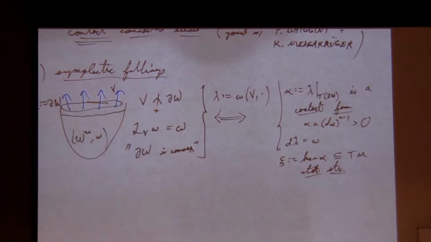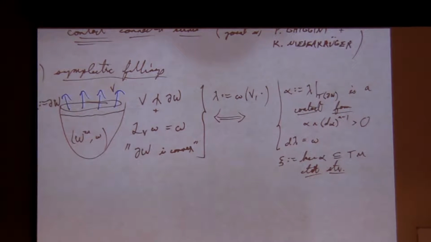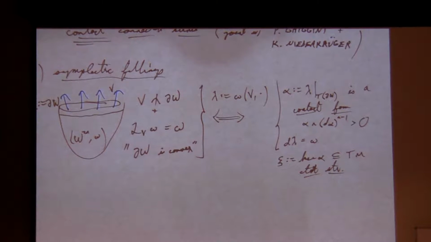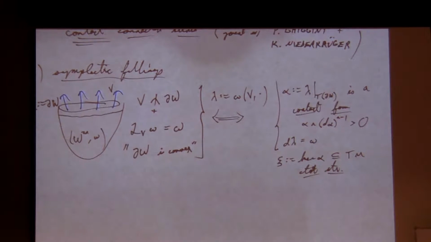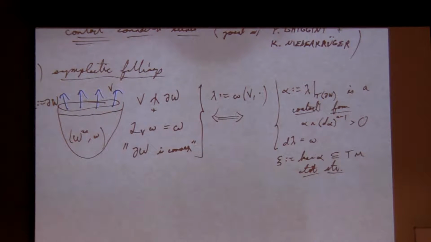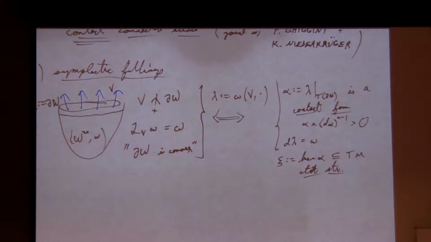So there's a contractible space of choices there. And if you choose a different Liouville vector field, you'll get a different contact form at the boundary, but it belongs to a contractible space of choices. So in particular, it's connected. That means the induced contact structure is uniquely defined up to deformation.